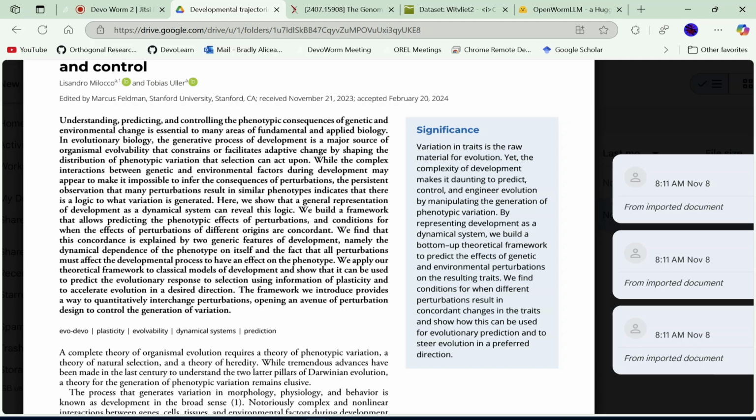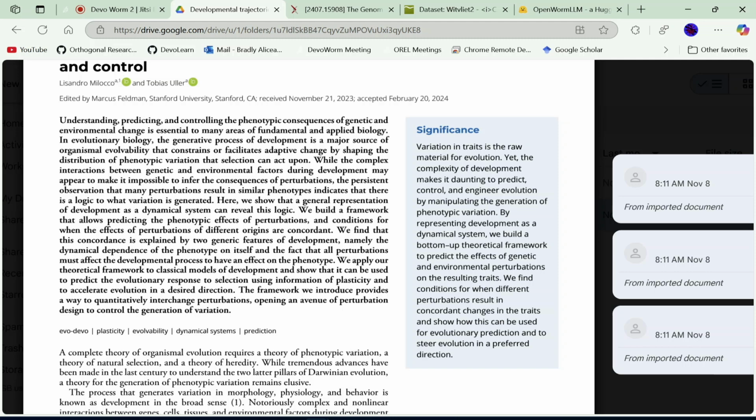You can de-differentiate your cells, but you have this increasingly constrained landscape. So phenotypes are dependent upon their prior developmental history. And then the fact that all perturbations must affect the developmental process to have an effect on the phenotype: if it doesn't affect the process itself, it doesn't really show up in the phenotype.